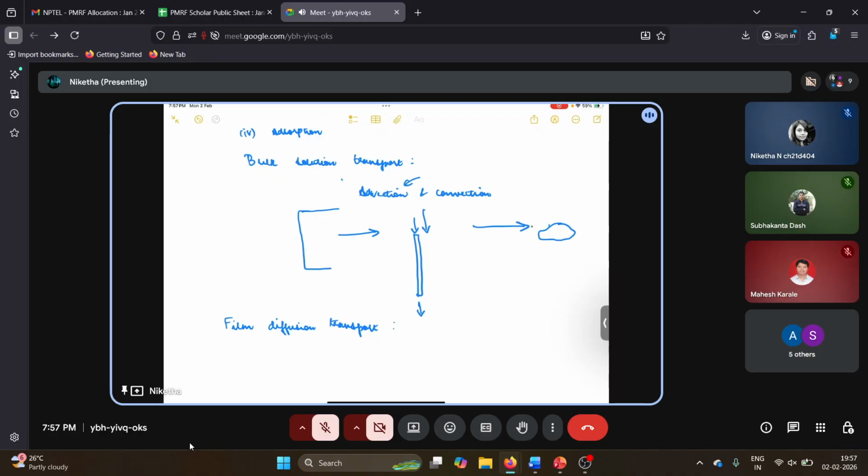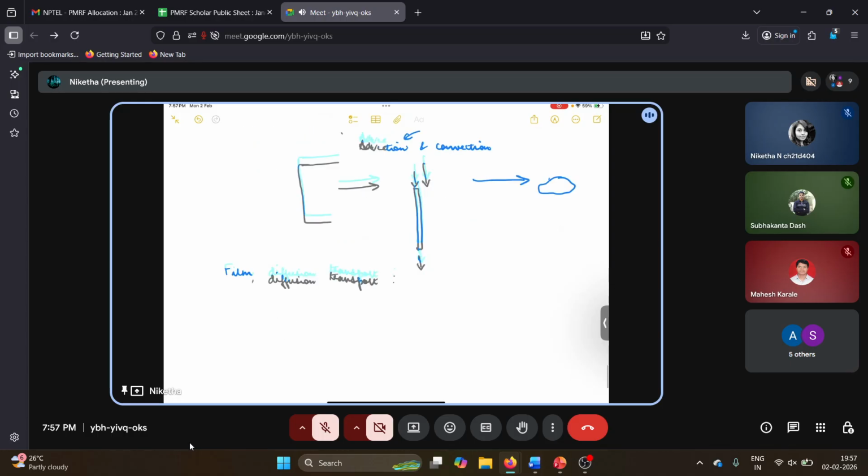So the first stage is more about the process being driven by velocity or some kind of external force. And then we have the film diffusion transport. Here the transport is driven by a concentration gradient.